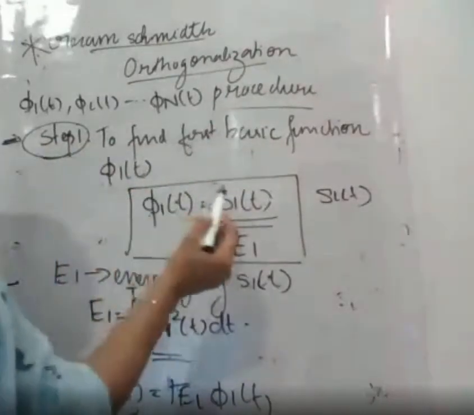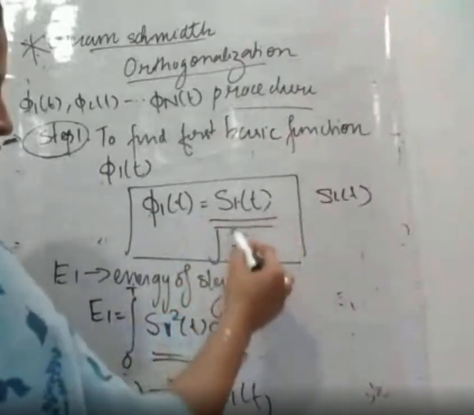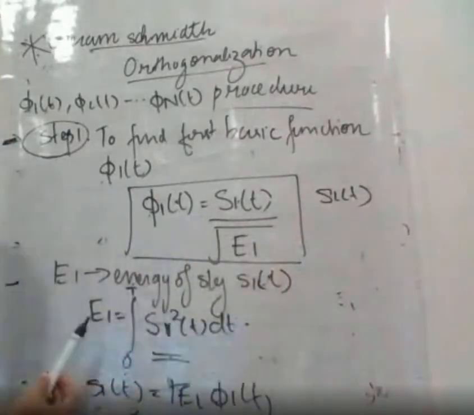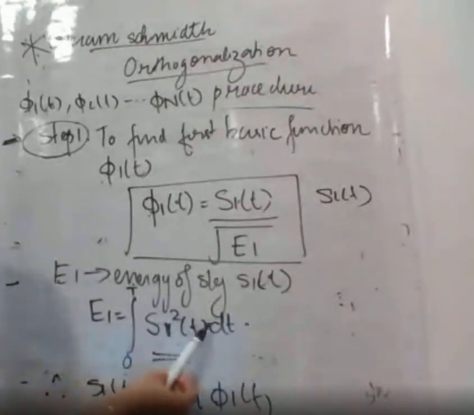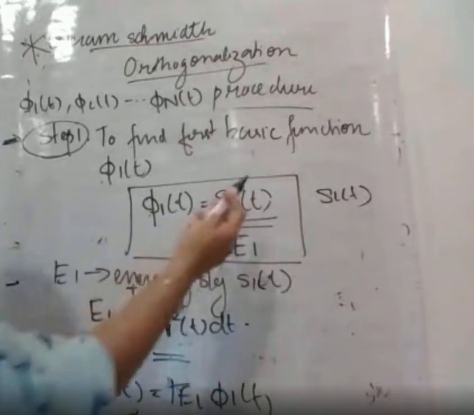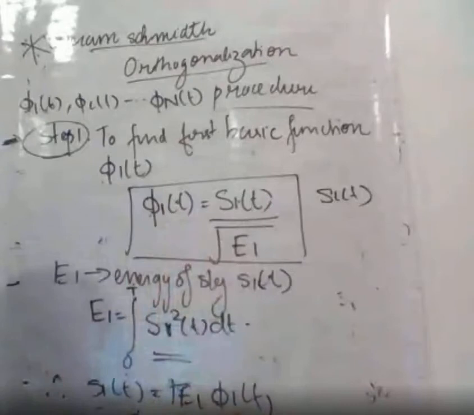Phi1 of t is nothing but the first signal S1 of t divided by the root of its energy. The energy equation is E1 equal to the integral from 0 to T of S1 square of t dt. So this S1 of t is nothing but phi1 of t into root E1.